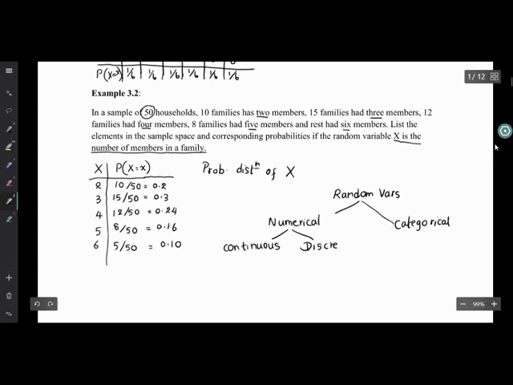What is the difference between continuous and discrete random variables? In discrete random variables, we only get whole numbers. You cannot have fractions or decimals for a discrete random variable. For example, the number of students in a class.